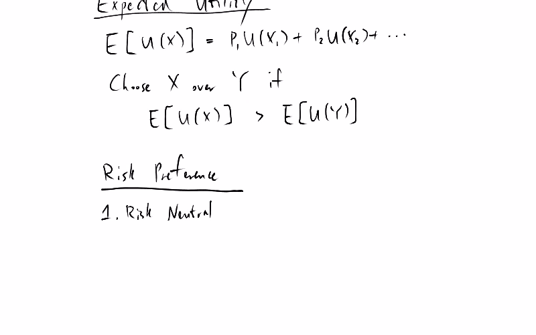That's risk neutral. Mathematically, risk neutral is to say that your utility function satisfies the following property: the utility of any combination of two points, alpha x1 plus 1 minus alpha x2, is the same as the combination of the utilities, alpha u of x1 plus 1 minus alpha u of x2.